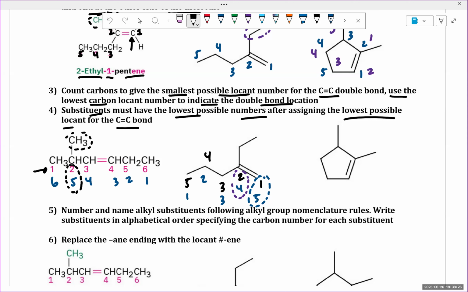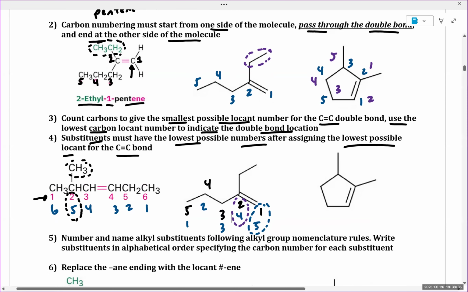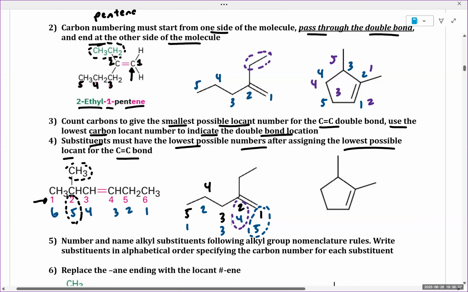Going back to the question of this cyclic system, given our two choices, let's take a look at these two choices that we discussed, and let's see what the difference is. So in either case, for our two numbering methods, we have a locant number of 1 for our double bond.